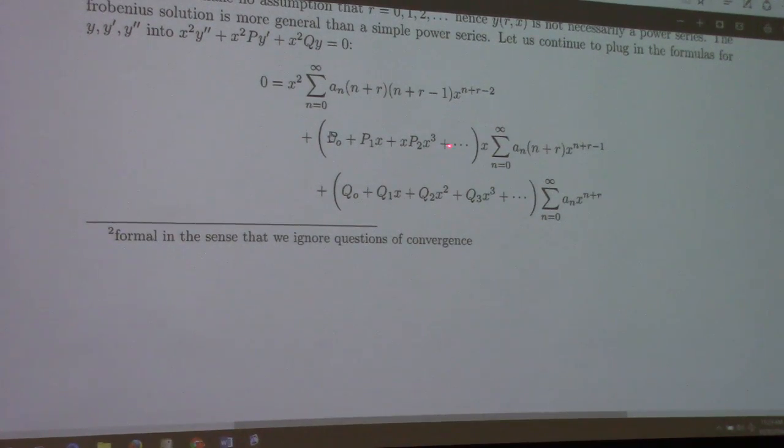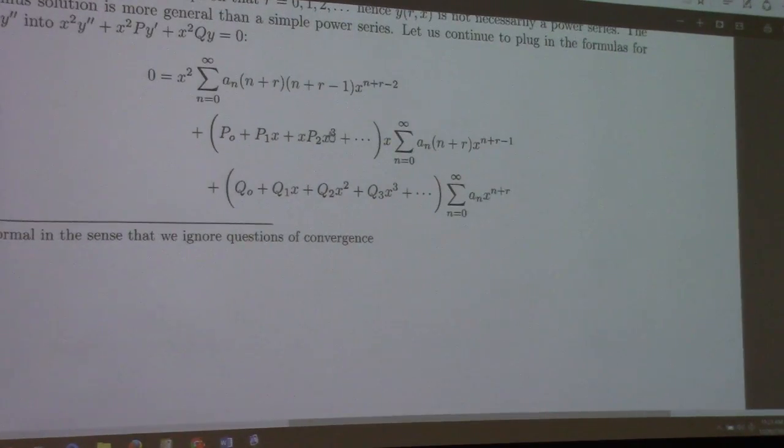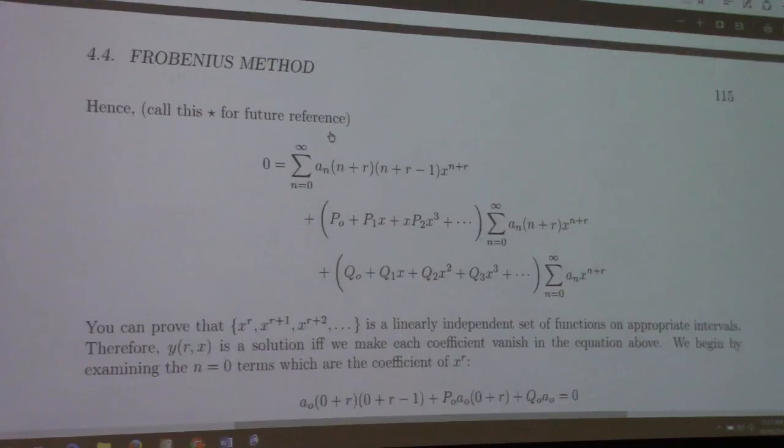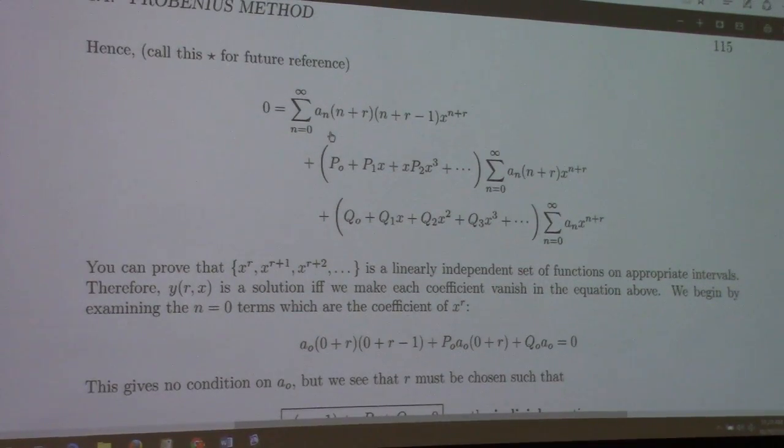So, anyway, this one, on the other hand, well, I can move the x over here, right? And that will give me an x to the n plus r. Here, there's nothing to move. And then we'll have x to the n plus r, x to the n plus r, x to the n plus r, and all of them, right? And this is about as clean as it gets. There's really nothing gained, as far as I see, at the moment.